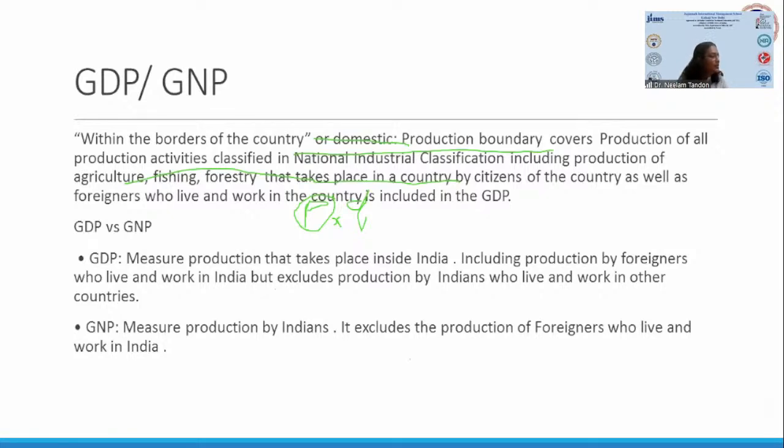And deflate means you remove that impact of escalation, and that gives you the real picture. That is the concept of deflating. Deflation is a different concept, Snehal. Deflation and inflation are poles apart.